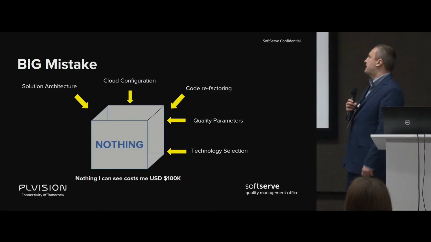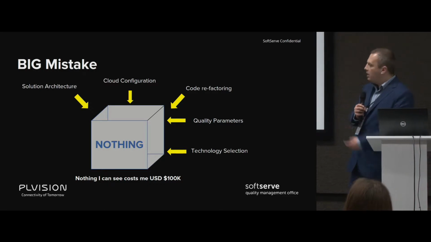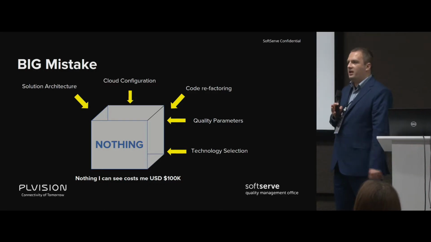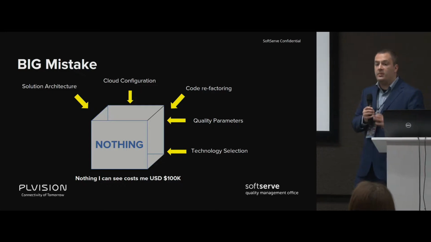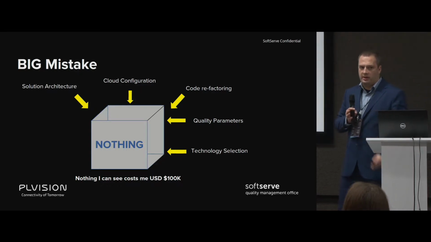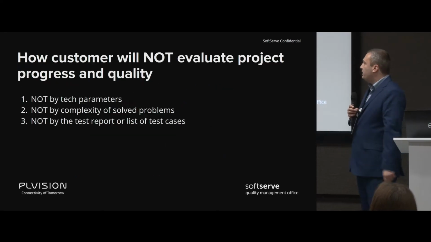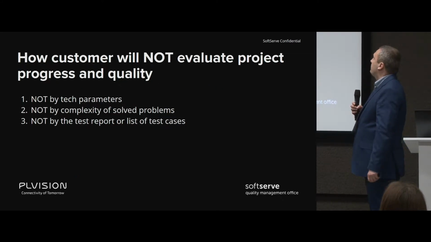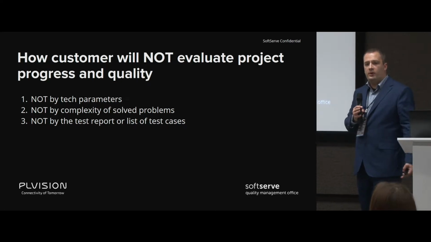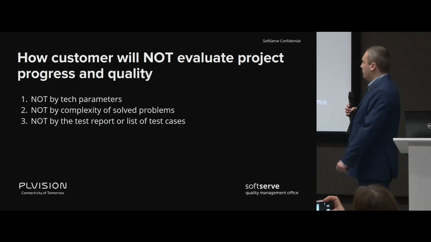Nothing that is worth a huge amount of money. 100,000, this is just a case, it can be 50,000, it can be 5,000, depending on the project and the customer. Avoid this at any cost. Otherwise, the evaluation of the results of the project will be totally broken.